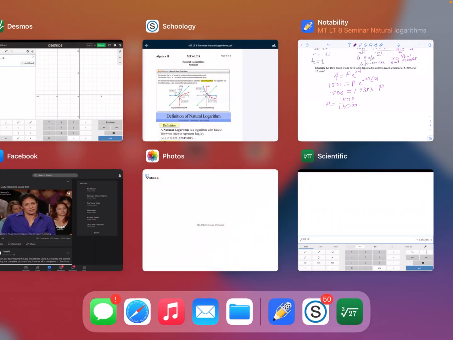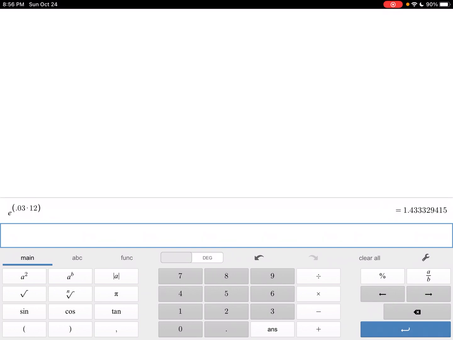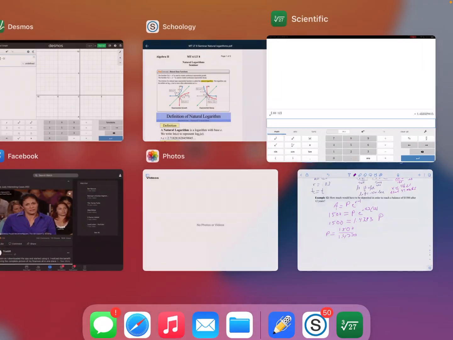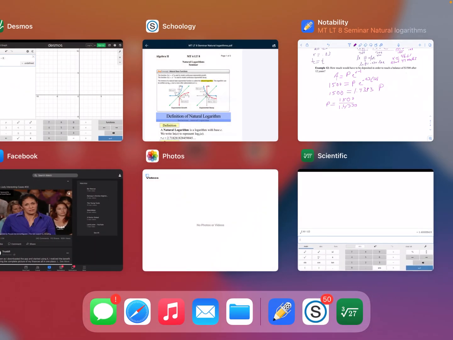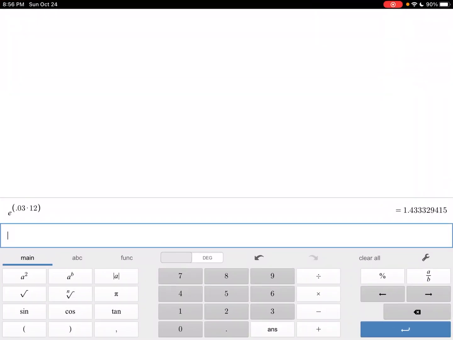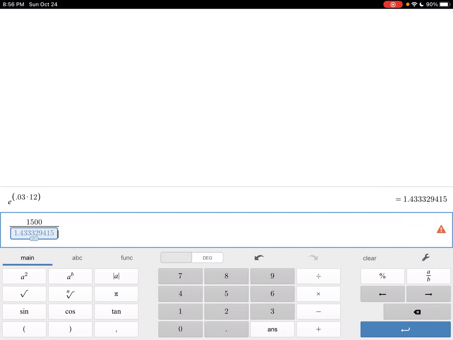So we'll use our calculator here. We're going to say 1,500 divided by 1.4333 gives me about $1,046.51.